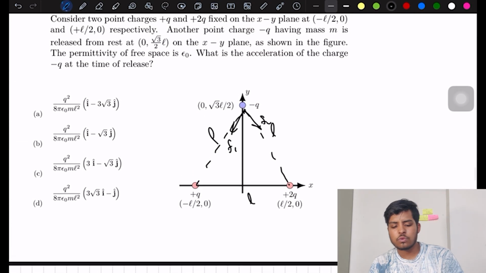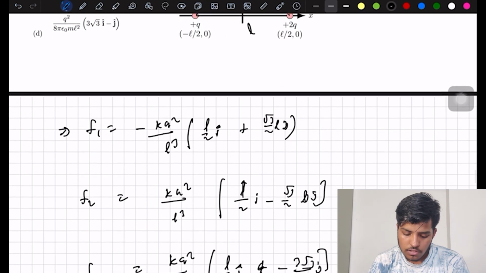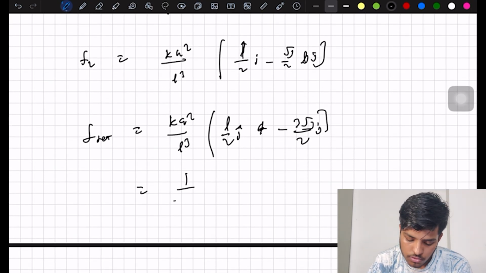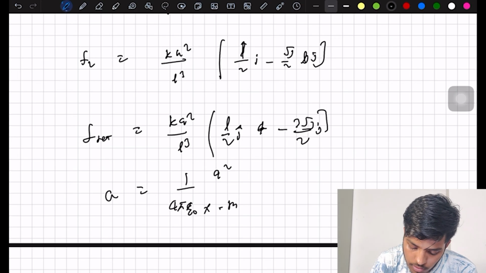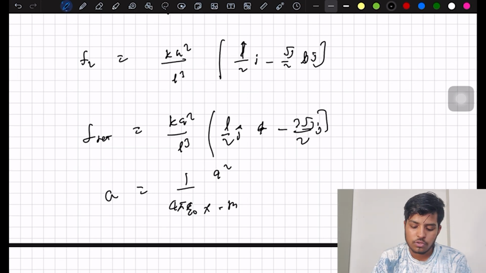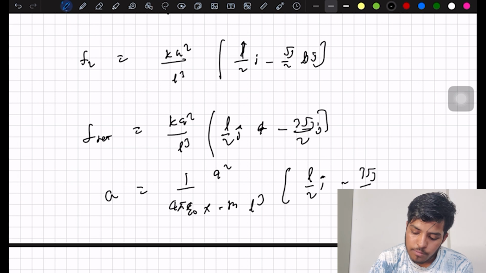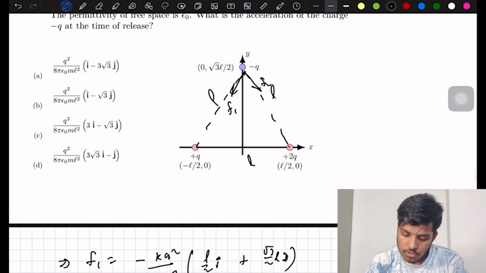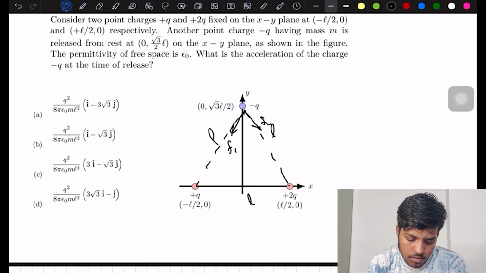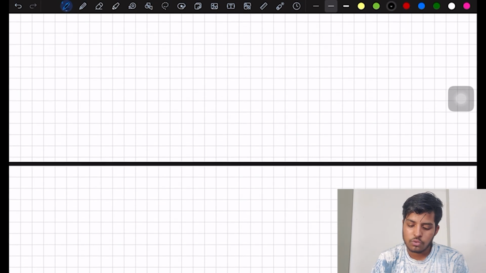So it was a very easy question. We have to find the force and then acceleration is force upon mass. So with 1 upon 4 pi epsilon naught, acceleration equals q square upon mass. As force is this, acceleration will be upon mass, L cube into L upon 2 I cap minus 3 root 3 upon 2 J cap. So option A is correct. 2 comes out, so 1 upon 8.